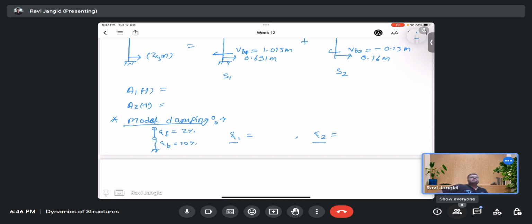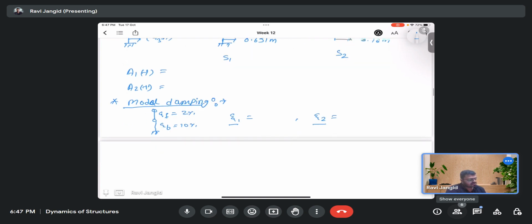We use it when we know the modal damping of two particular modes, and then we need to find it for the other modes. Then we can use Rayleigh damping. But for this, we are not doing the classical damping.